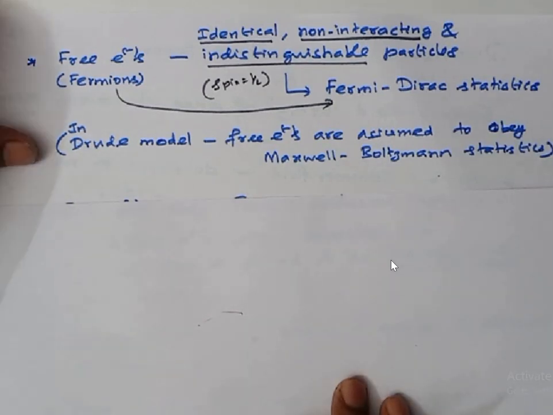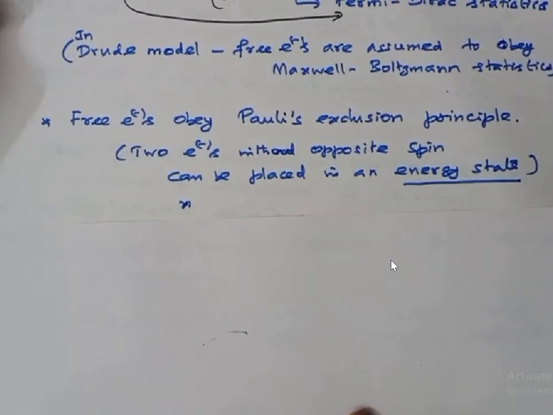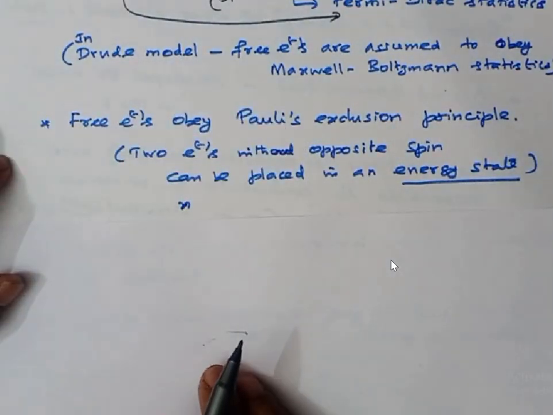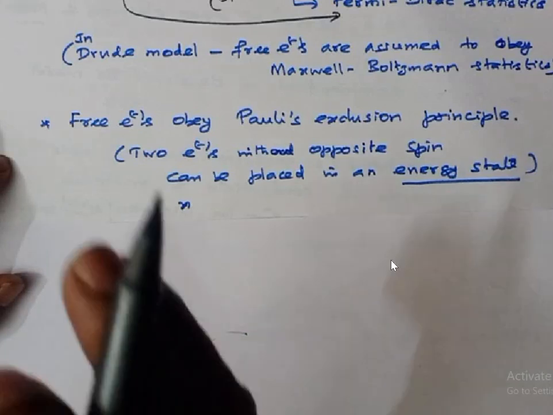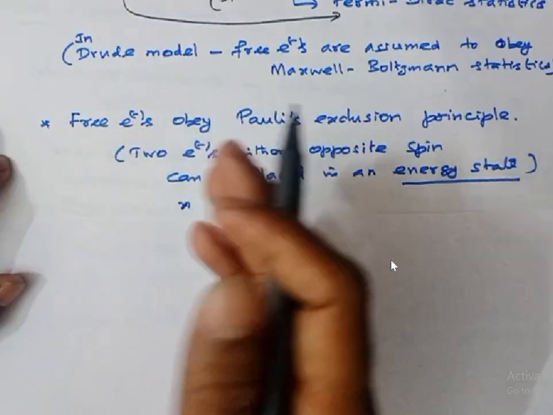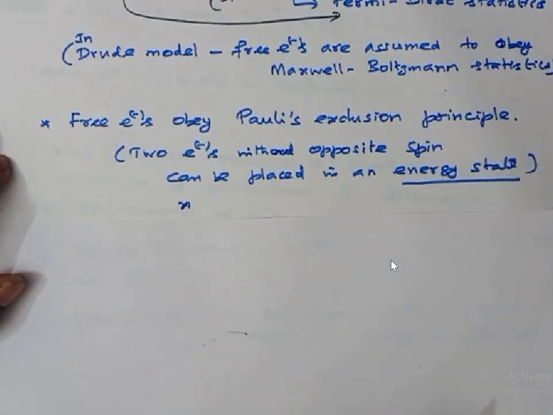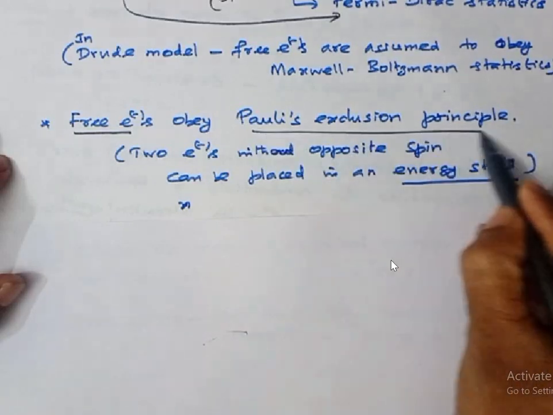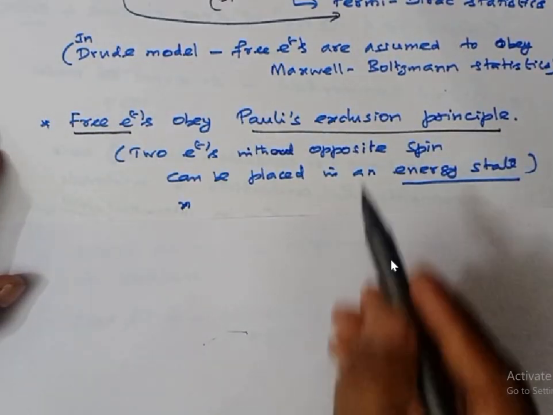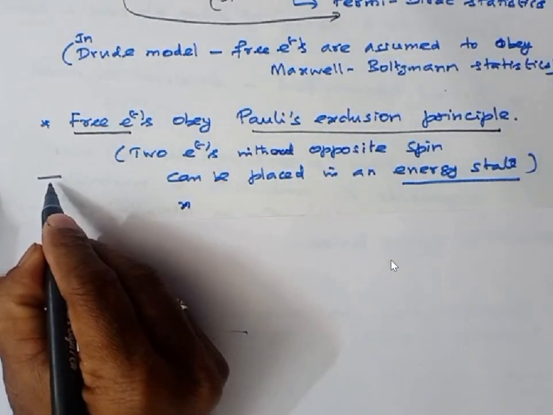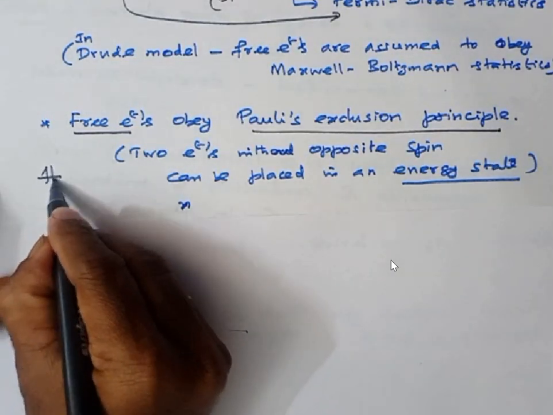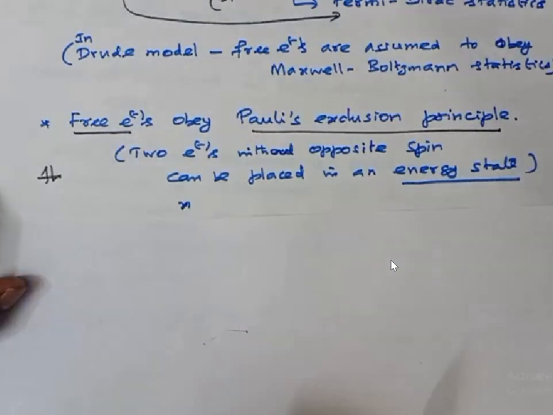Then the next important point is that since free electrons are quantum particles, they are fermions. So you know very well, fermions and bosons must obey the Pauli exclusion principle, right? So free electrons obey Pauli's exclusion principle. What does this principle say? Suppose you have an energy level; in this energy level you can place two electrons with opposite spin.